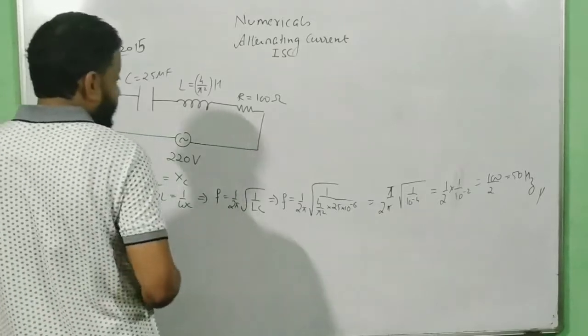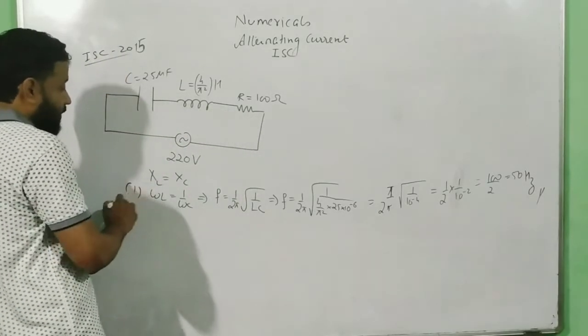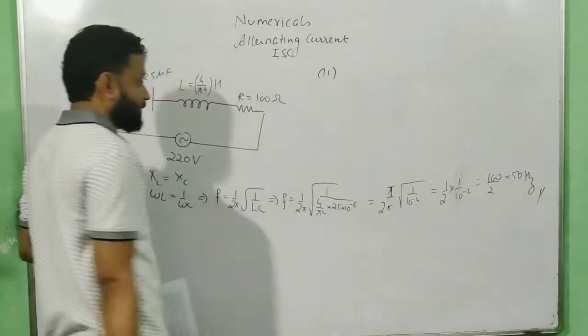Current flowing through the circuit. How will you find the current flowing through the circuit? This is part 1, and the second part is the current flowing through the circuit.